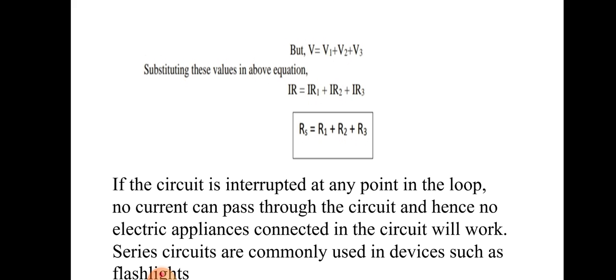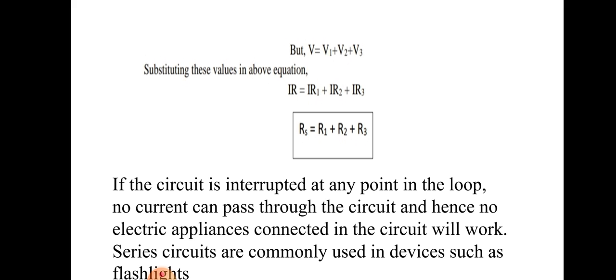Therefore, the current will get cancelled, and whatever final equivalent resistance we get is equal to the summation of all the values of resistances. And always remember, whatever equivalent resistance we get is higher than the resistance value of each individual resistor.